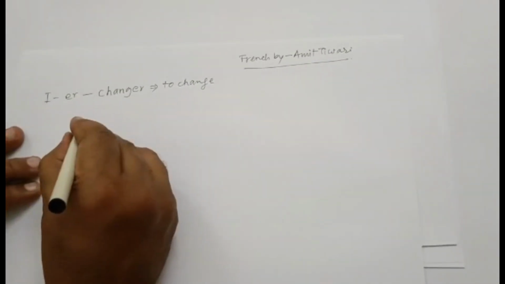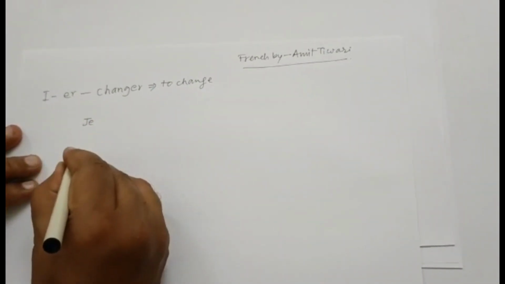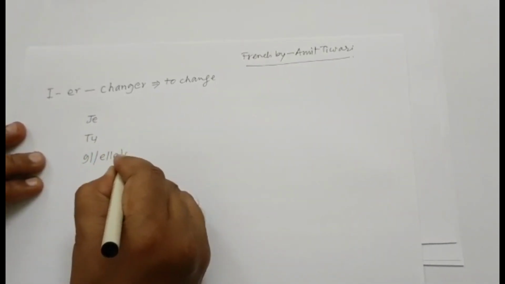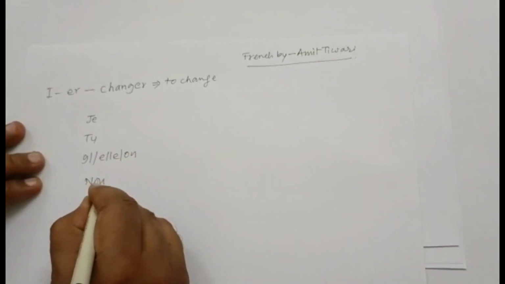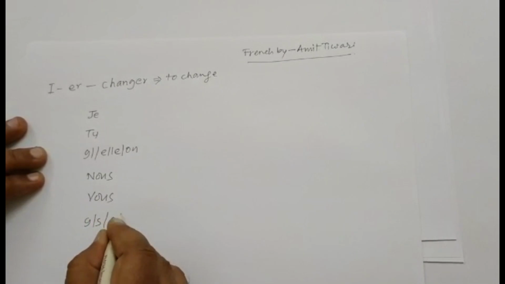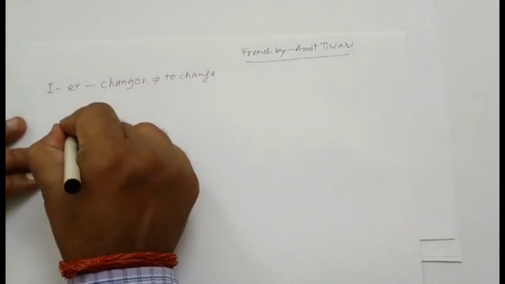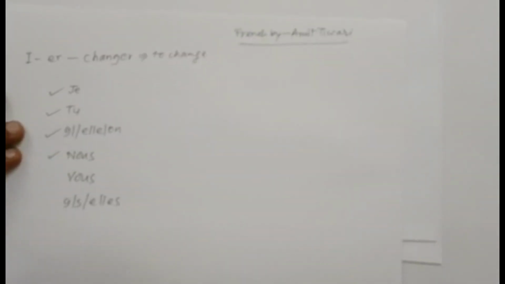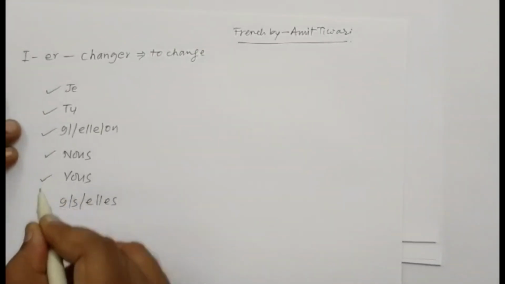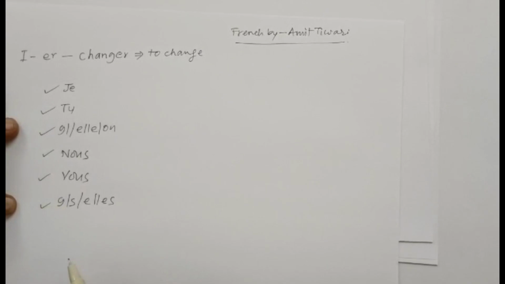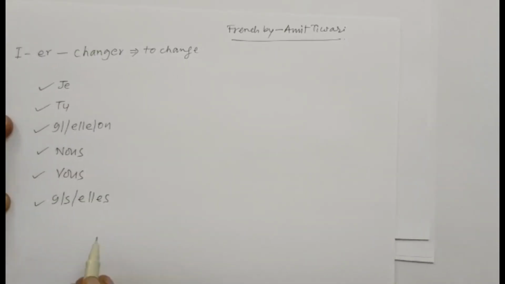So here we will place first of all the subjects: je, tu, il, elle, on, nous, vous, followed by ils, elles. Je means I, tu means you, il means he, elle means she, on means one, nous means we, vous means you, for informal and formal, and ils and elles for a group of males and a group of females.